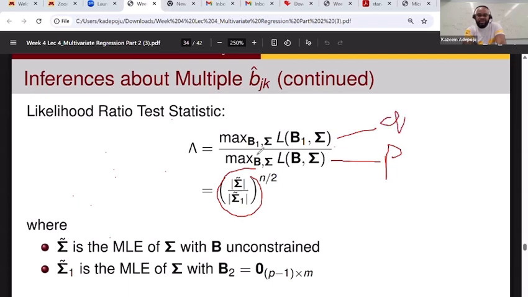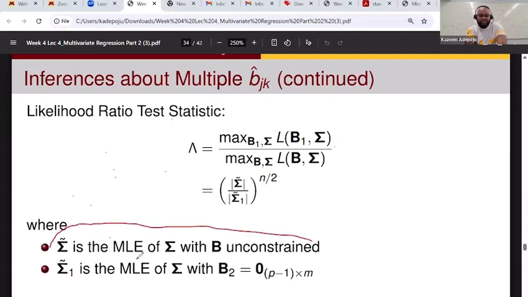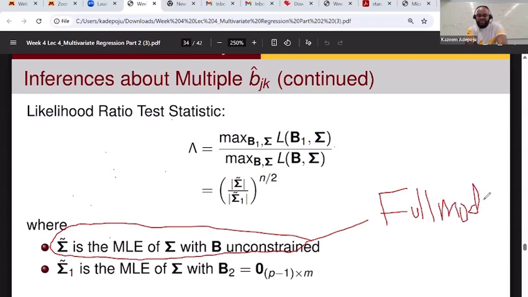So the denominator is the complicated, and the numerator is the reduced. Also, the MLE of that will be unconstrained. Unconstrained means full model. The covariance for the full model is unconstrained.